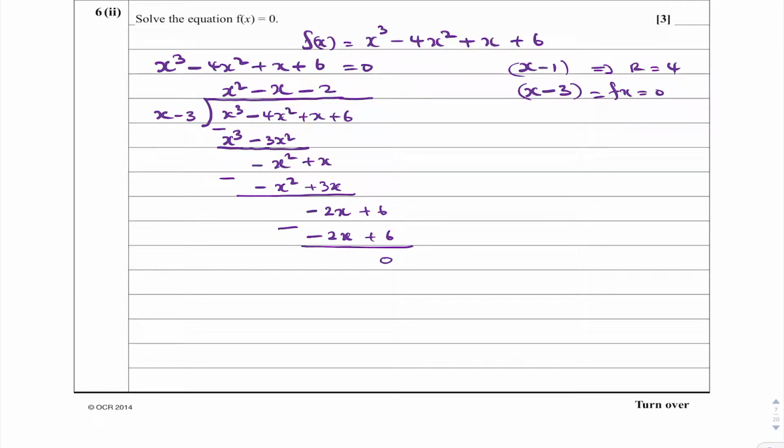So now we know the factors. The factors are x minus 3 and x squared minus x minus 2. What we now need to do is factorize x squared minus x minus 2.